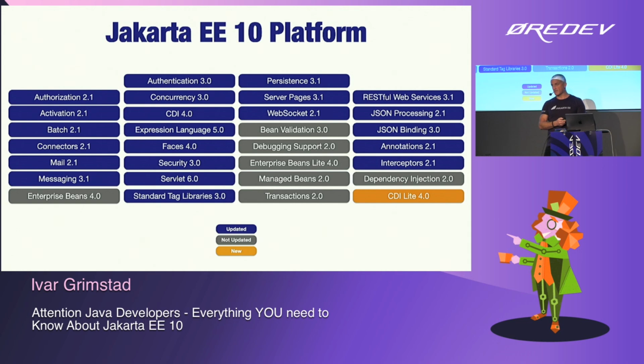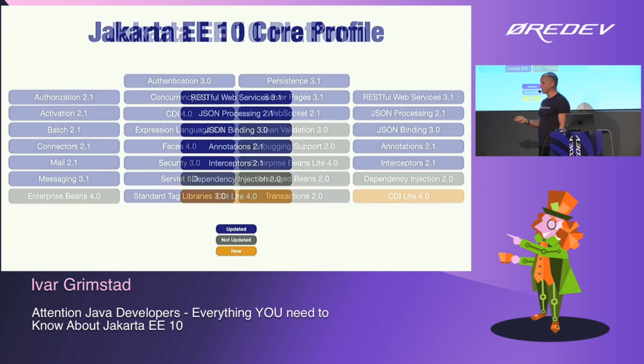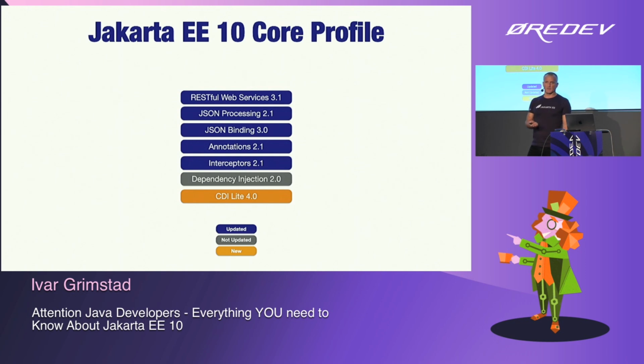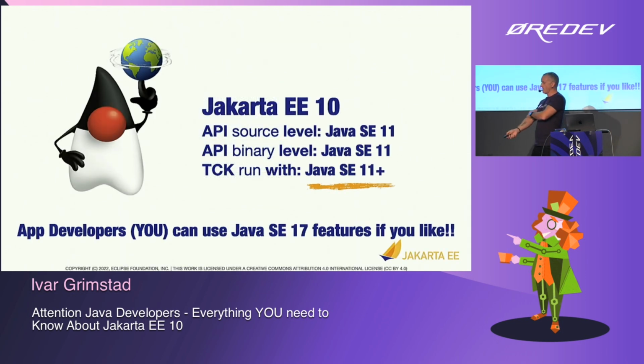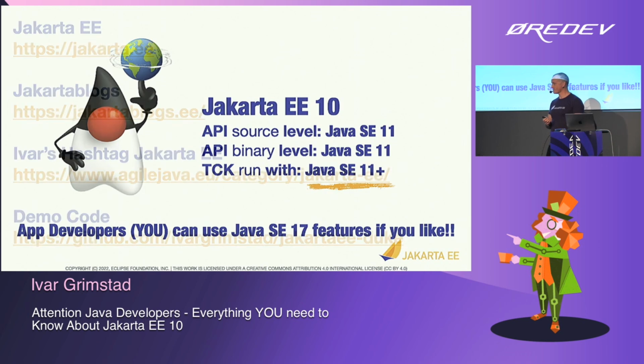Jakarta EE 10 has a lot of changes, a lot of new stuff, and it simplifies a great deal of things and introduces some new things. And of course, the big thing of Jakarta EE 10 is the core profile. Jakarta EE 10 is on SE 11, but you can run it on 17. After 17, it gets a little bit trickier because the removal of the security manager will affect some of the implementations. So we're working on how to handle that.